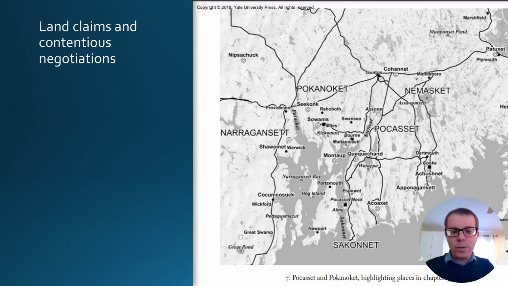And Saconet was a Wampanoag polity, a set of Wampanoag villages in this area. And Mamunua was actually educated at Cambridge, knew English, and was using this claim to be the leader of this community to actually make money off of selling native land.